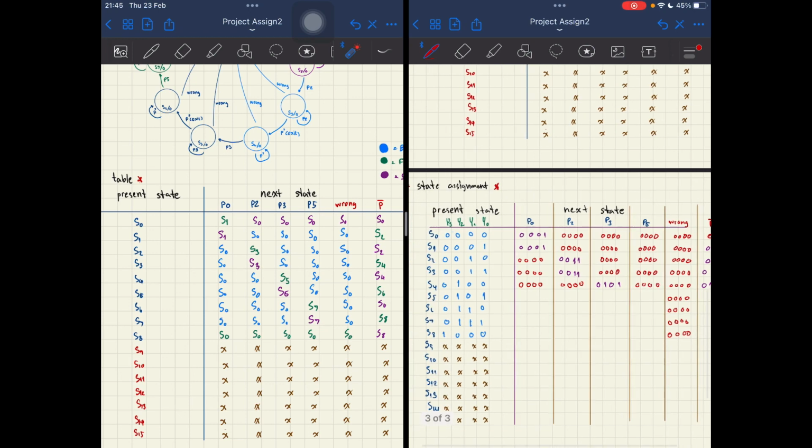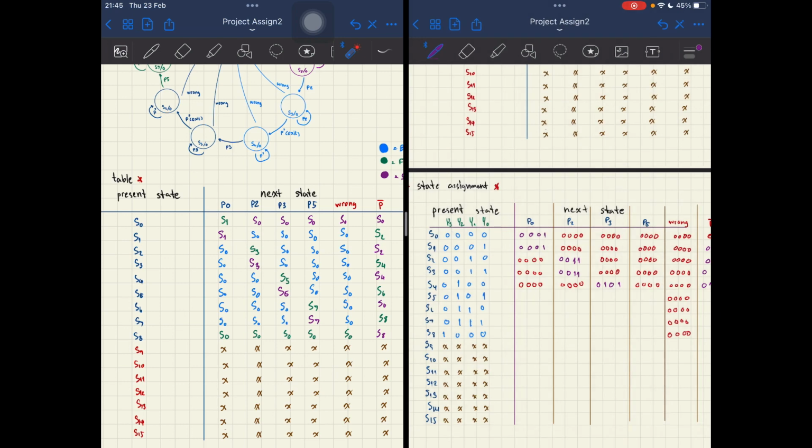State 0. At state 5, we can see that if we press 3 you will stay in state 5. State 5 is 0 1 0 1, right?